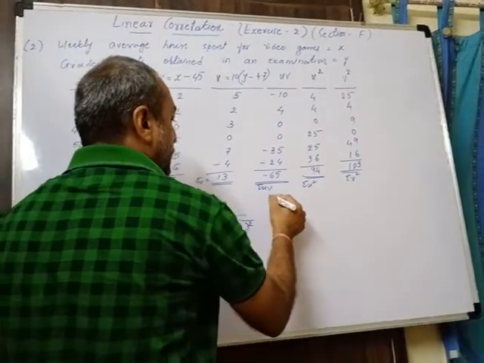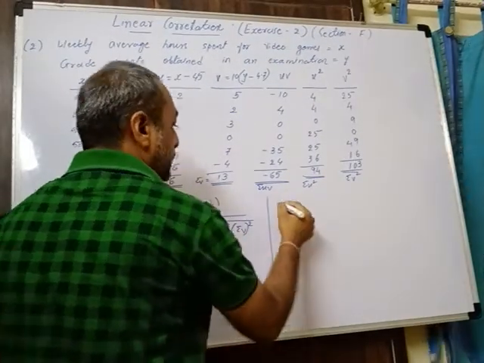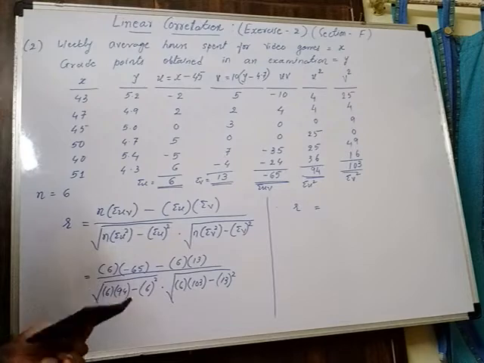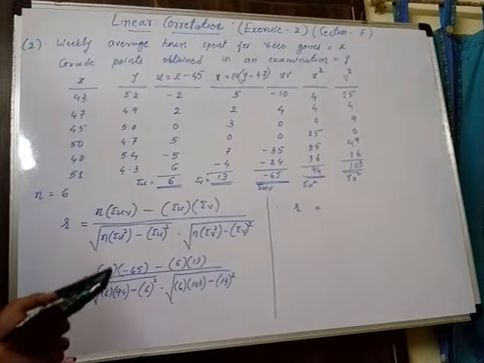Now I am showing the calculation over here on the other part. Therefore r is equal to, now we'll find out the values one by one which we require. So first of all 6 into minus 65.